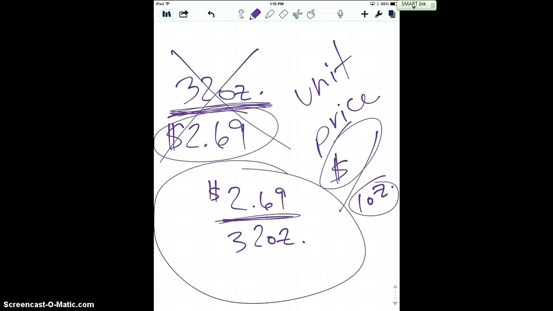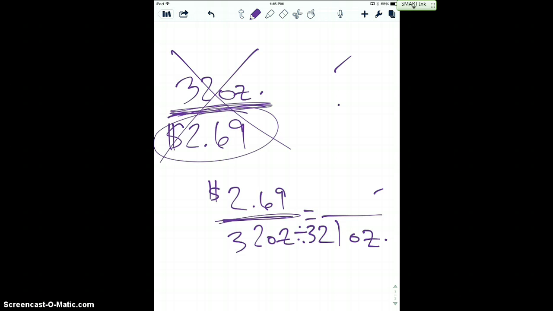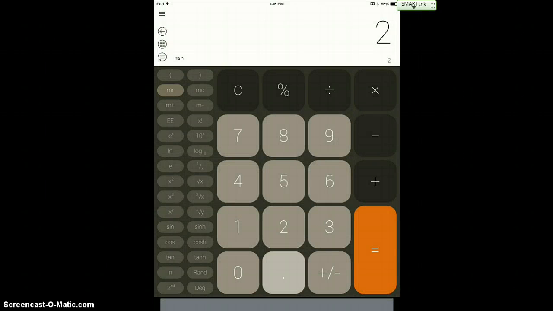So I'm going to use this one, and I'm going to try and make it out of 1. I want per 1 ounce. So how would I get that? Divide by 32. So I'm going to divide this one by 32. Now this is where a calculator can be used. Definitely want to use it. So I'm going to take 2.69, and divide by 32.